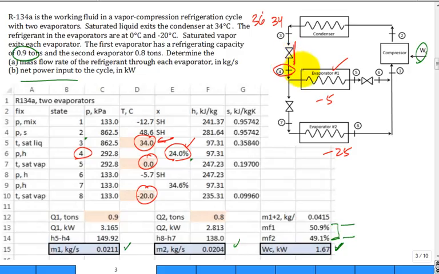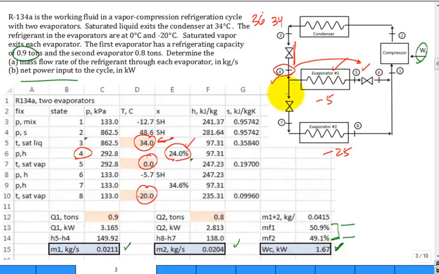Because does the vapor change phase as it goes through the evaporator? No, the temperature at 4 and the temperature at 5 are the same. So the vapor is staying at 0 degrees C as it goes through. But the liquid comes in and it's changing phase up to the vapor, and that's where you get the cooling, evaporating the liquid.